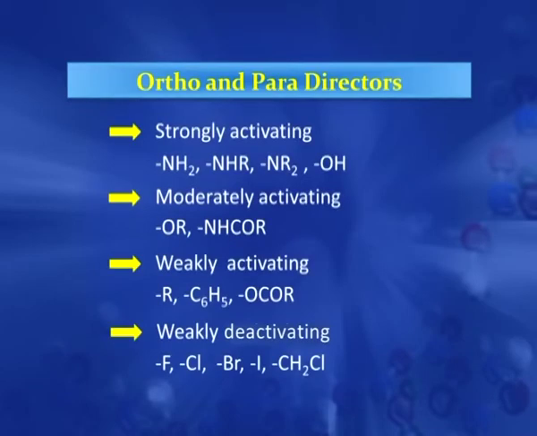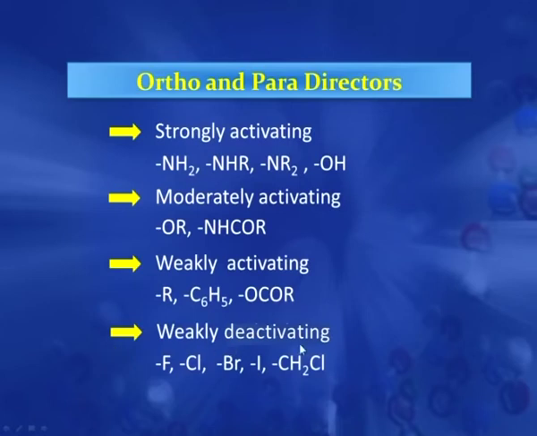So, we can summarize the ortho and para directors like this in 4 categories. We have strongly activating groups like NH2, NHR, NR2 and the hydroxy group. These are the moderately activating groups, in which we have the alkoxy group and the NHCOR group. We have weakly activating groups, where we have alkyl, phenyl and ester groups.